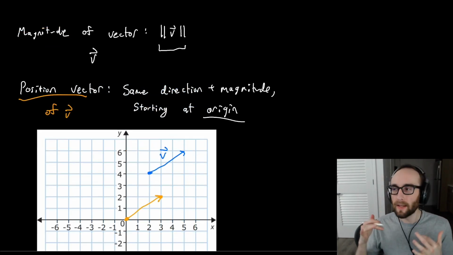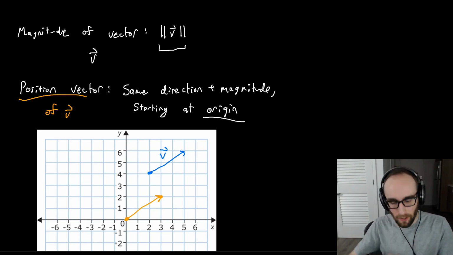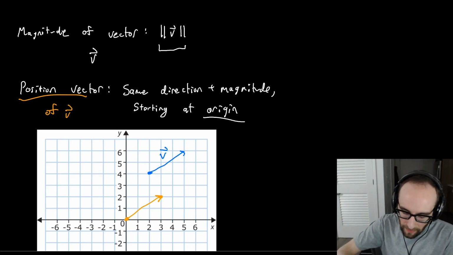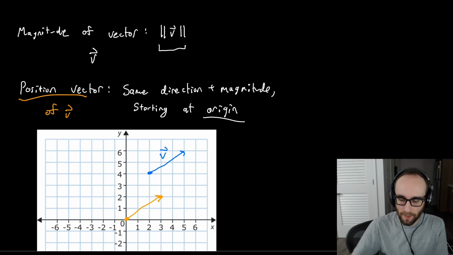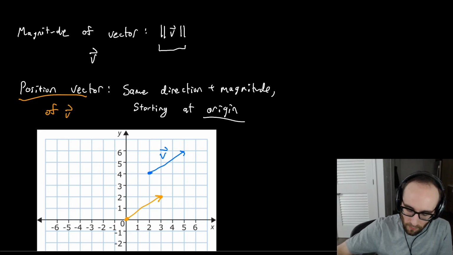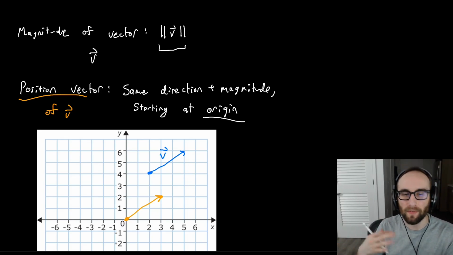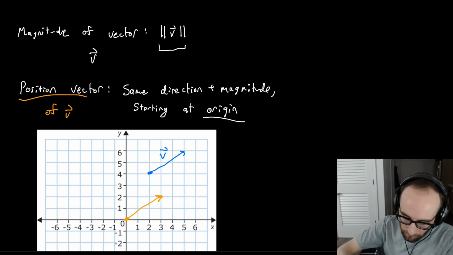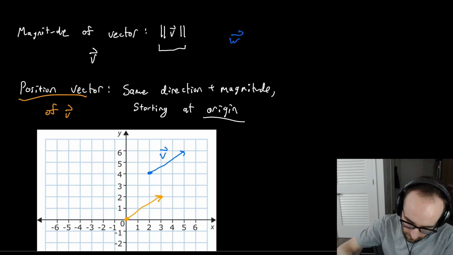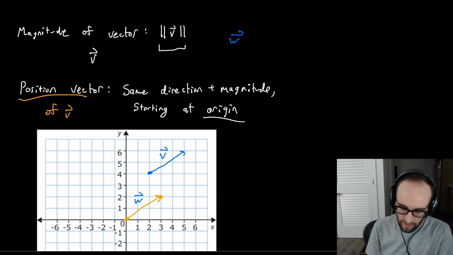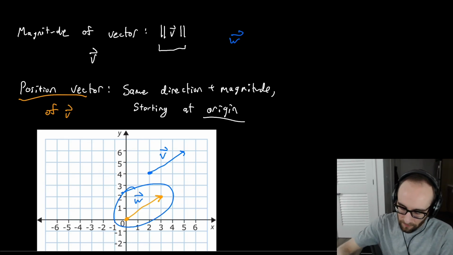When we find the magnitude of a vector, we can use its components to find the magnitude, and we can do that pretty easily by just using the Pythagorean theorem. So pretty much just finding the distance of a line. For example, let's say we have a vector w, and let's have w be the orange vector down here.